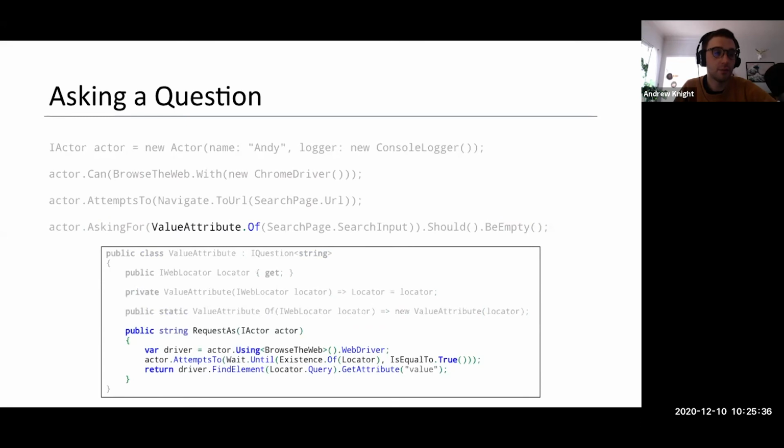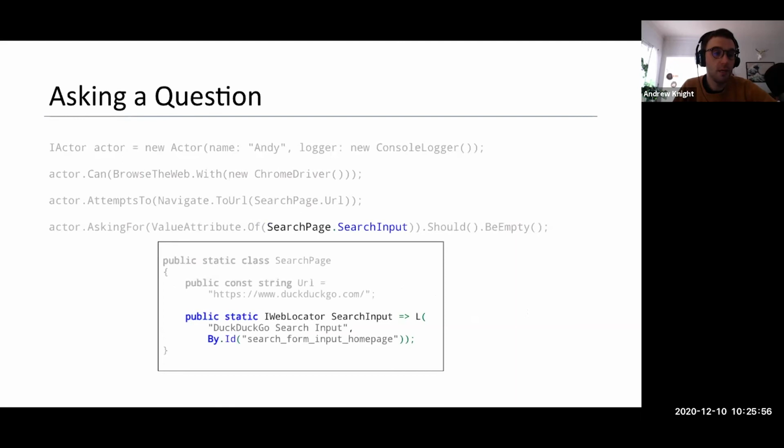The ValueAttribute's RequestAs method fetches the WebDriver object, waits for the target element to exist on the page, and scrapes its value attribute. SearchPage.SearchInput is the locator for the search input field. It comes from the search page class.